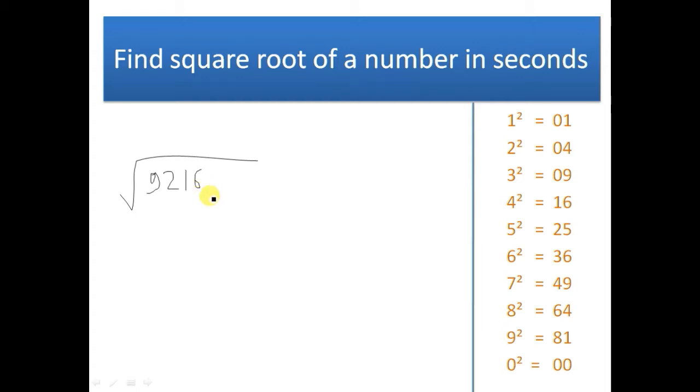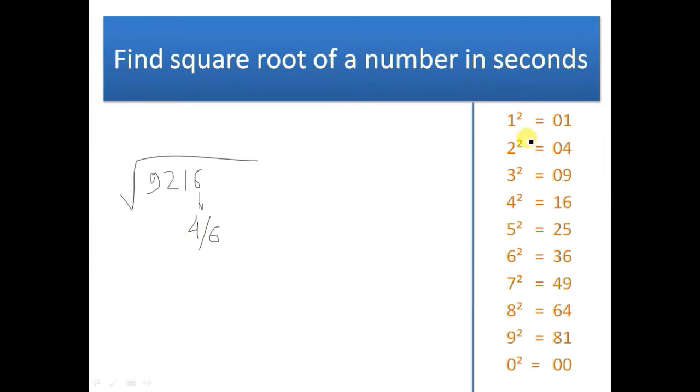The first step to find the square root is to see the digit at the units place. It's 6 here, which means the answer of this square root is going to end up with either 4 or 6. Why do I say so?